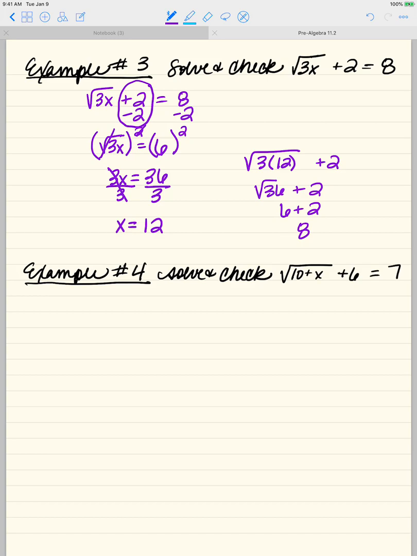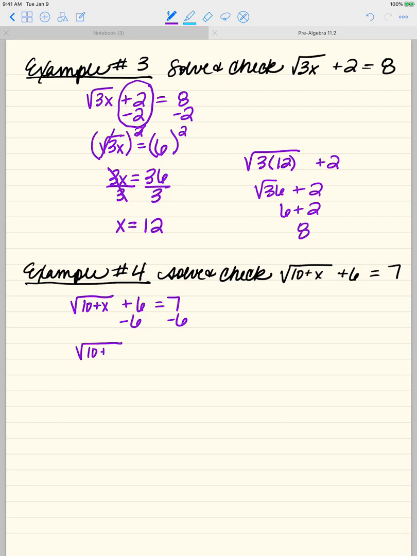Solve and check the square root of 10 plus x, plus 6 is equal to 7. That plus 6 is outside of my radical, so I'm going to eliminate that first by subtracting 6 from both sides.